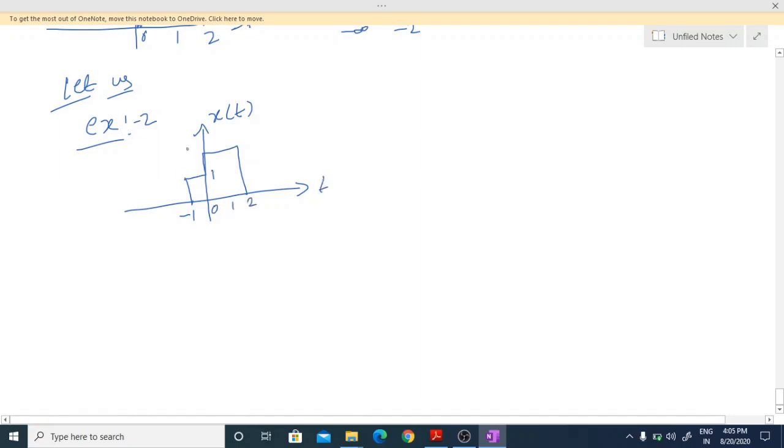The amplitudes are 1 and 2. In this case, if you want to find x of t plus 2 and x of t minus 2, then we can solve that by mathematical equation.